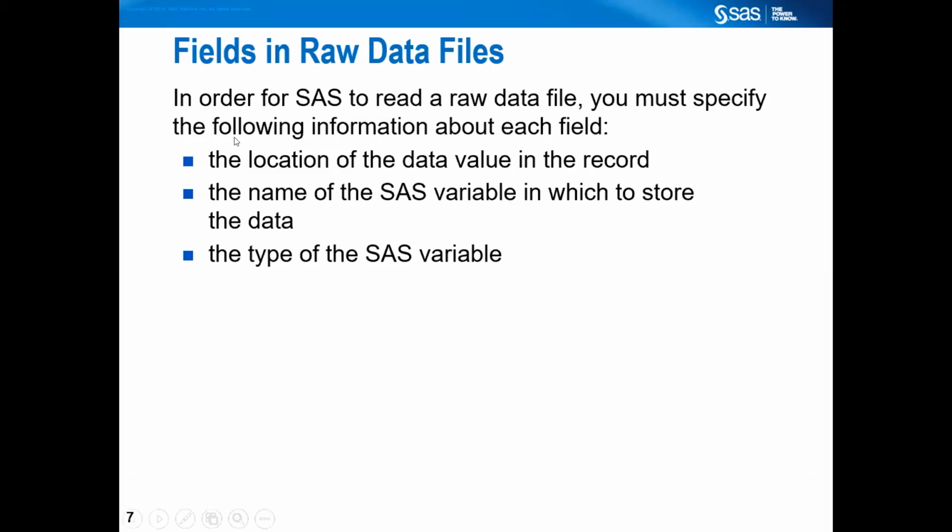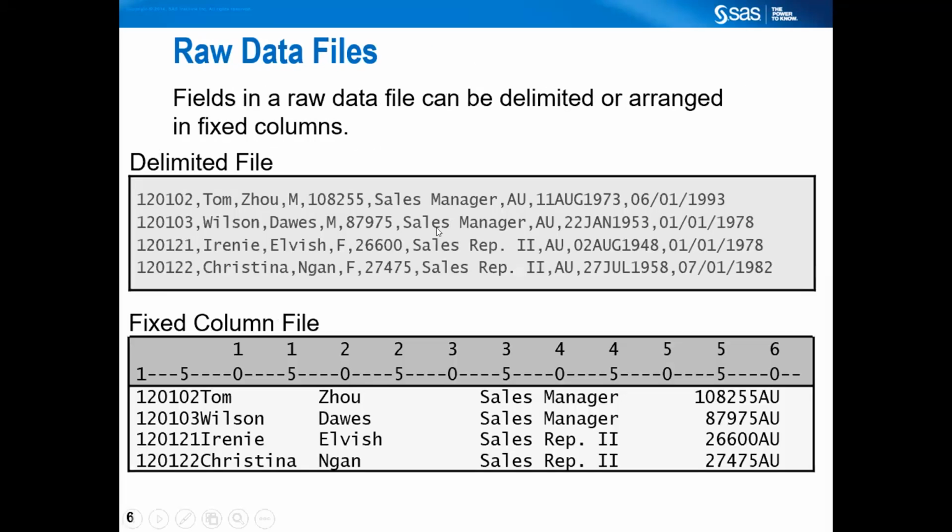So, fields and raw files: in order for SAS to read these types of raw files, you must specify the following information. As I tell you every time, being a data analyst, it's our responsibility to understand the input source. Without understanding your input data, we cannot give the instruction.